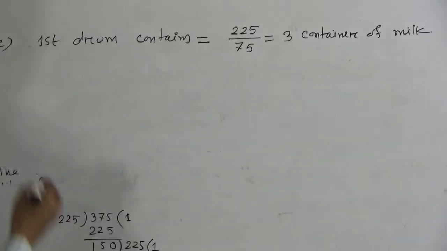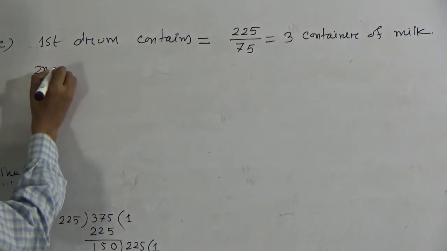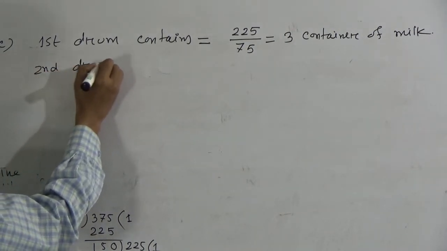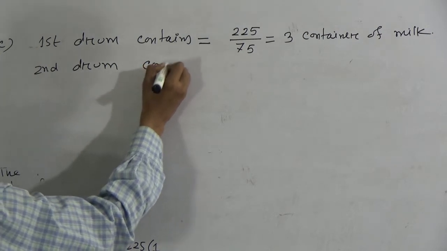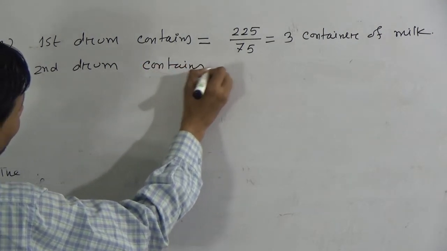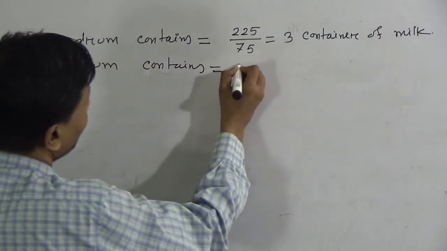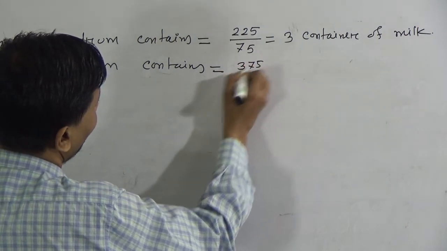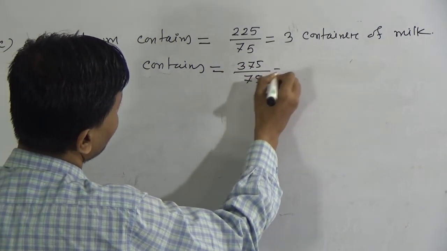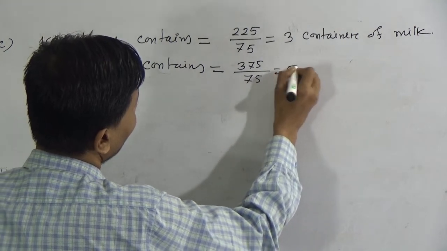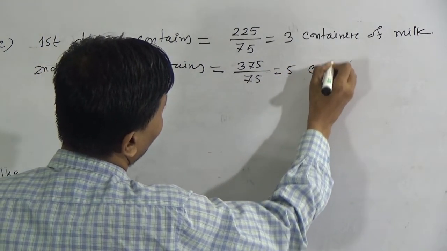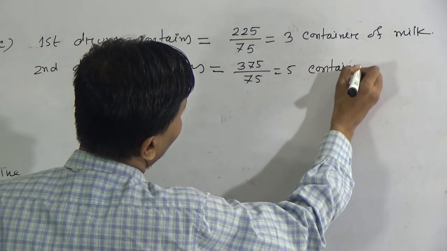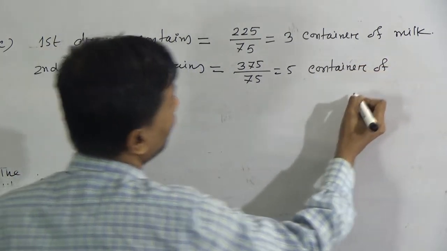Then similarly, second drum contains 375 by 75, divide, then you get 5 containers of milk.